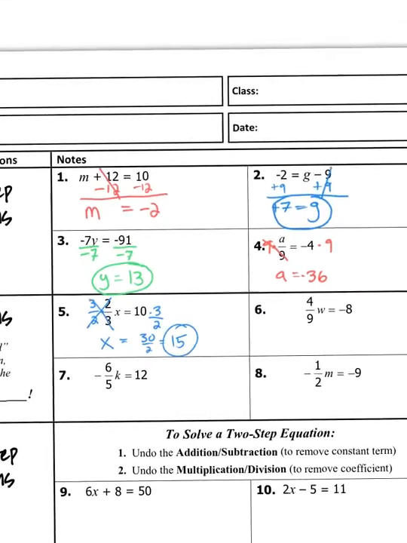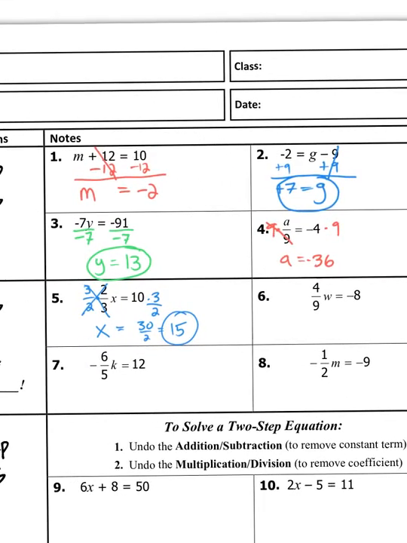I'm going to go through the rest of these a little bit faster because I know that you want to just kind of get all of these notes down and go. So 4 divided by 9 times w. To undo the fraction, I multiply by the upside down version. That's like multiplying by 9 and then dividing by 4. And so those cancel out.